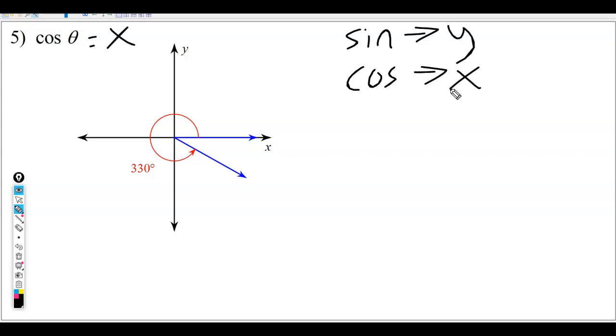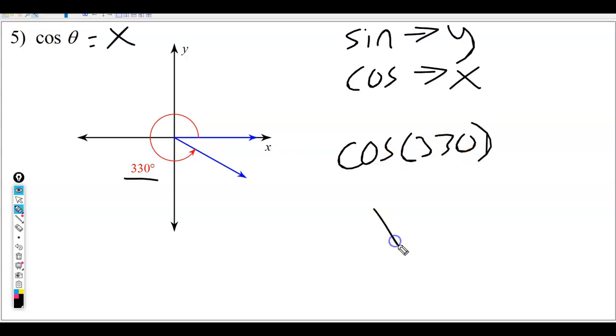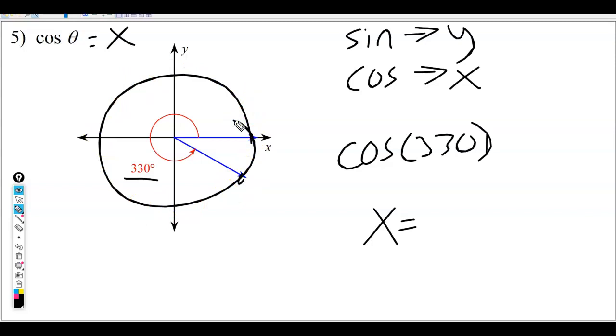But in this case, we have cosine is equal to x, and we want to know what's the cosine value for 330. In other words, what's the x value at 330 degrees? Well, you have to look at your unit circle. If you look at your unit circle where it says 330 degrees, you're going to find a coordinate. And the x value for that coordinate will be radical 3 over 2. And so there's our answer, radical 3 over 2.